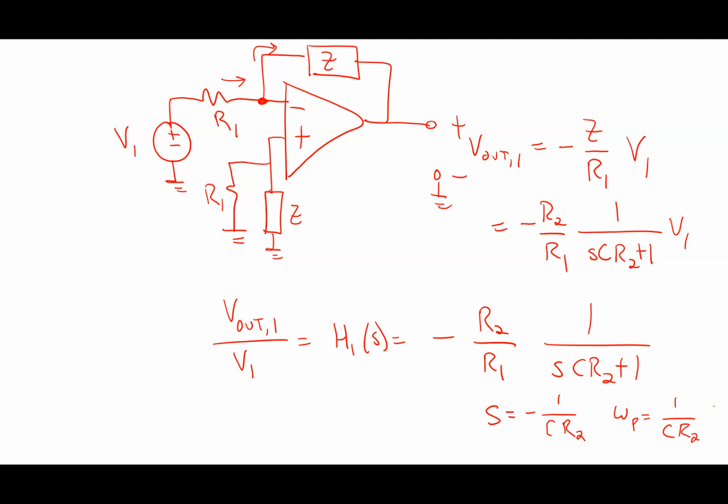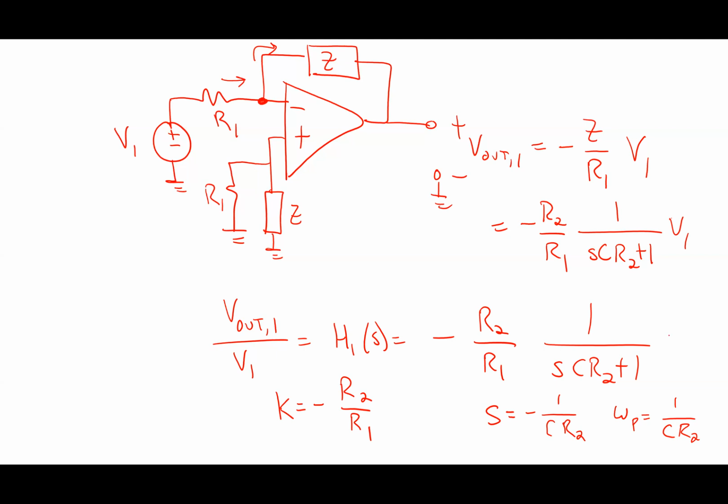All right. What's the K value here? K is equal to negative R2 over R1. It's the multiplier in front of this whole thing.